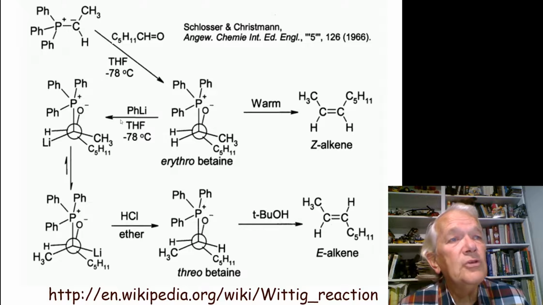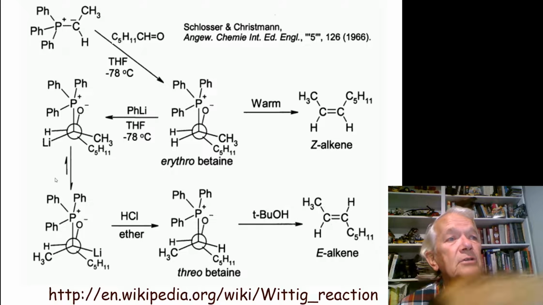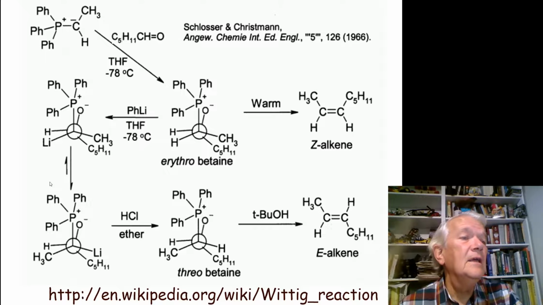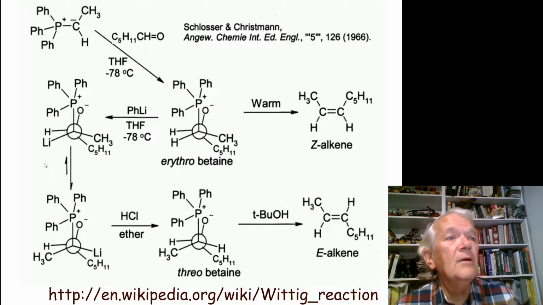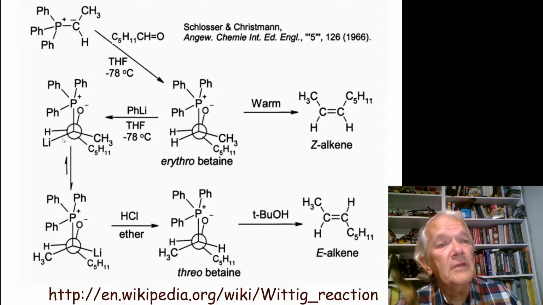At this point, they're showing you throw in a mole of phenyllithium, and you do an equilibration. This equilibration basically means that you simply deprotonate the hydrogen here, and this lithium is a very polar bond. It's very easy to flip the configuration with the lithium on there.